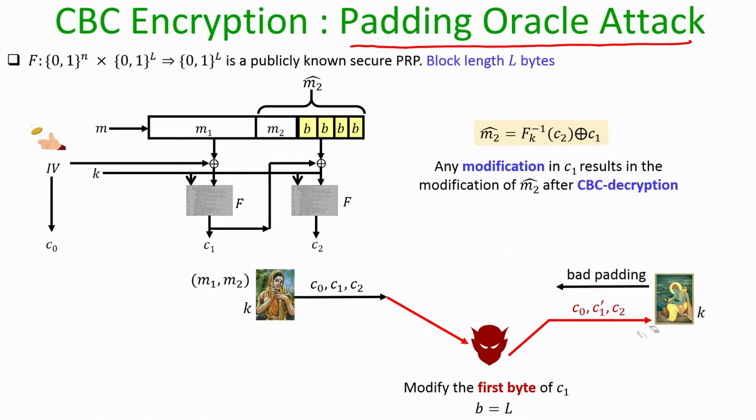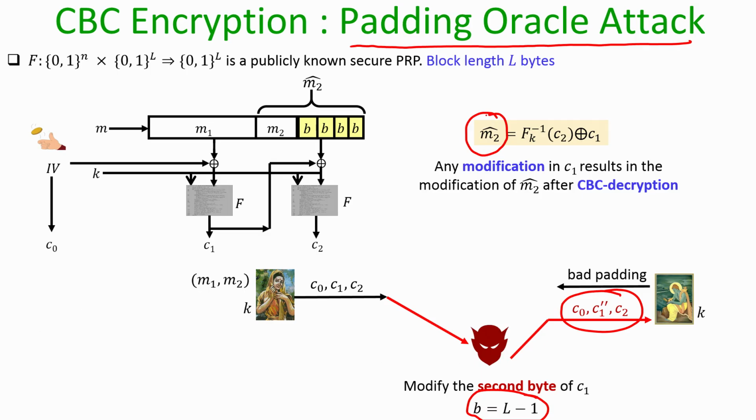In the same way, the adversary could produce another modified ciphertext, where instead of changing the first byte, it is now changing the second byte of the first ciphertext block, and it waits to see the response of the receiver. Again, if the bad padding error message comes out from the receiver side, that indicates to the adversary that the number of padded bytes is L-1, because changing the second byte of C1 will change the second byte of the recovered M2 block.